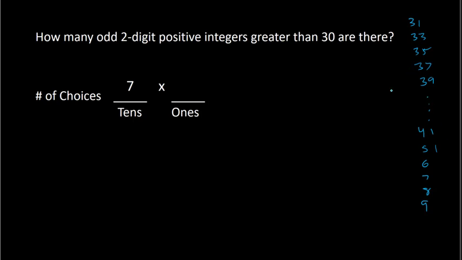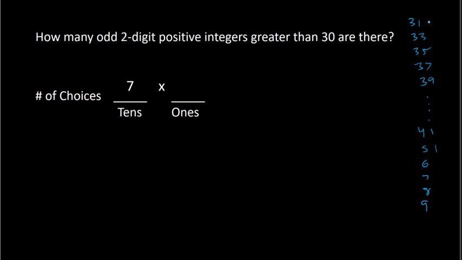Now for the ones place, the last digit needs to make the entire number odd, like 31, 33, 35, 37, 39, etc. The only options we have for the ones place would be any odd digit. Well, we have 5 options to choose from, right?